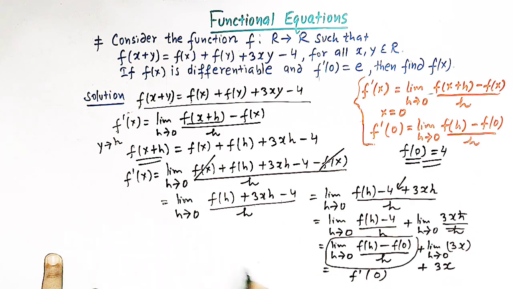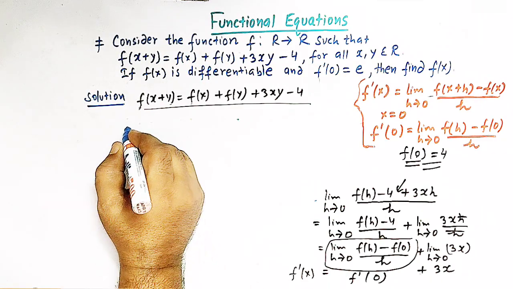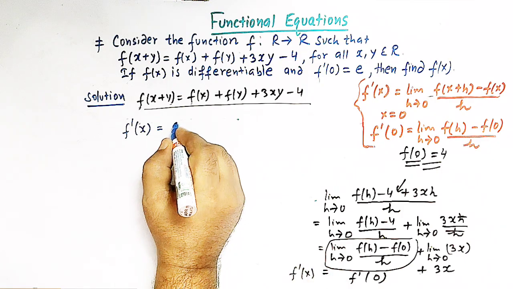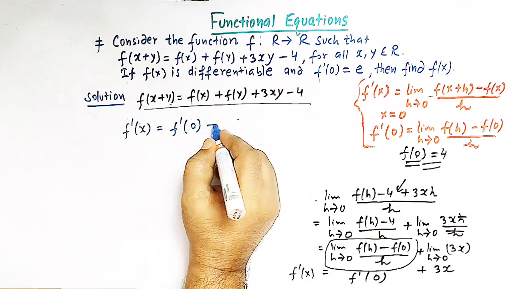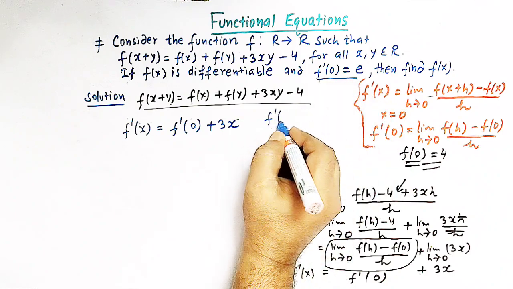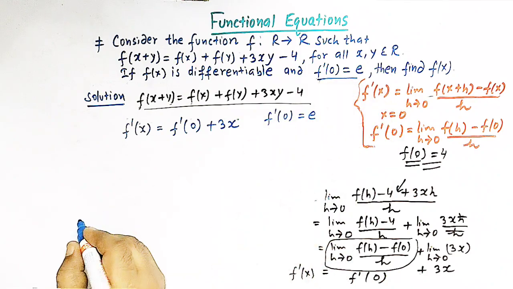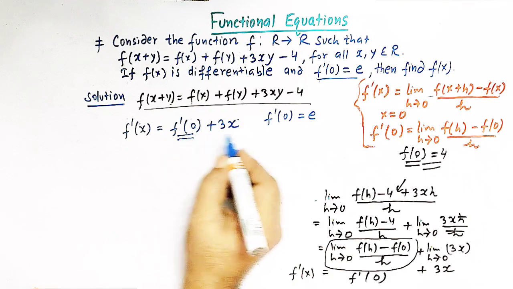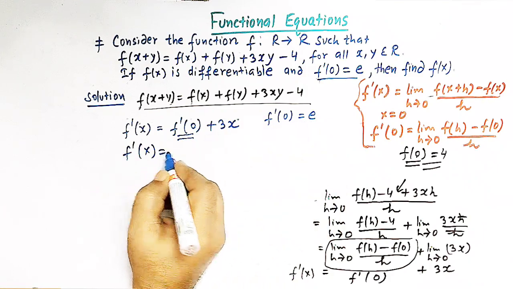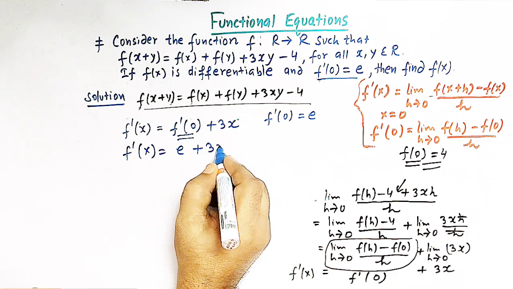So now f'(x) is equal to f'(0) plus 3x. Now we are given that f'(0) is equal to e. So substituting here e, we can now write f'(x) is equal to e plus 3x.